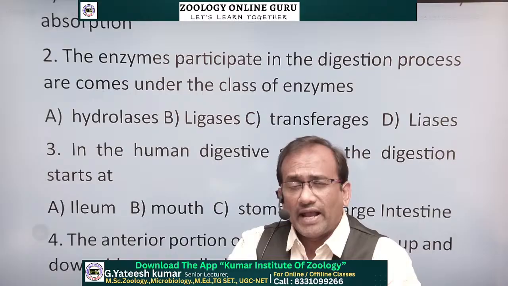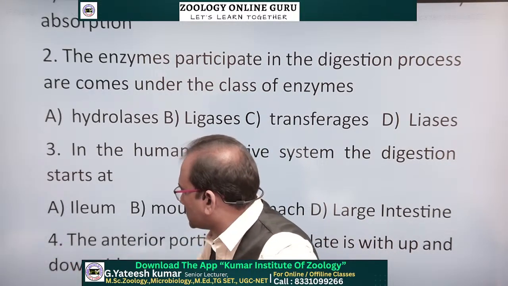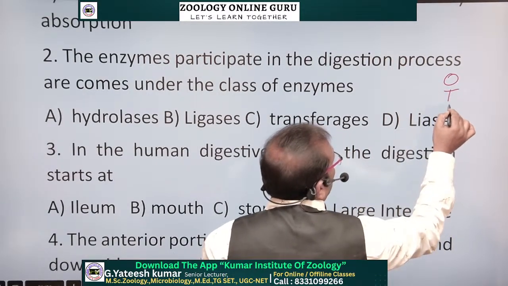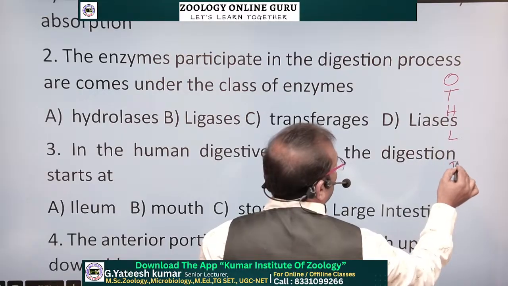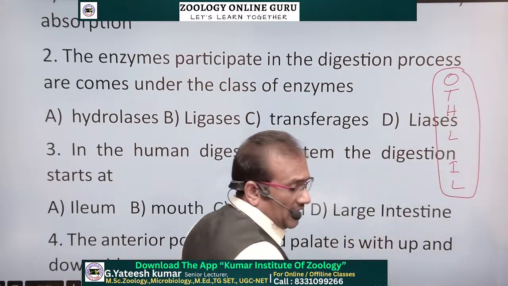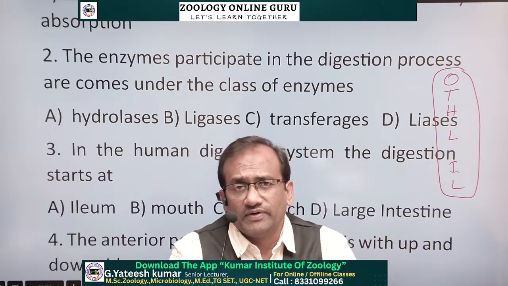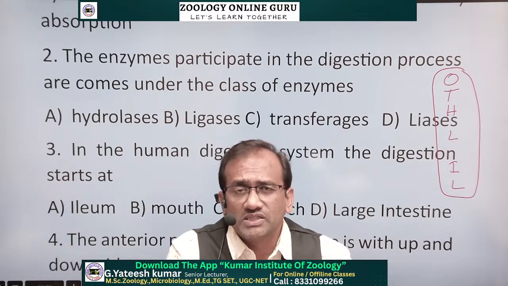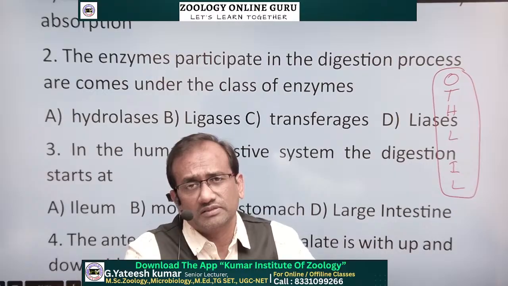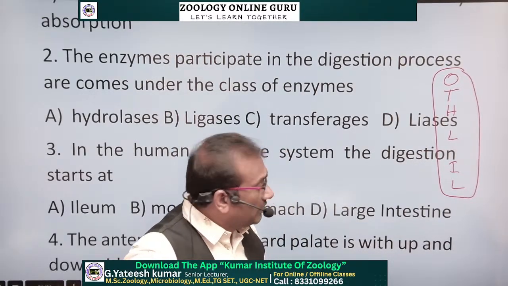Here is the acronym to remember the 6 classes: O, T, H, L, I, L. O for oxidoreductases, T transferases, H hydrolases, L lyases, I isomerases, and L ligases.